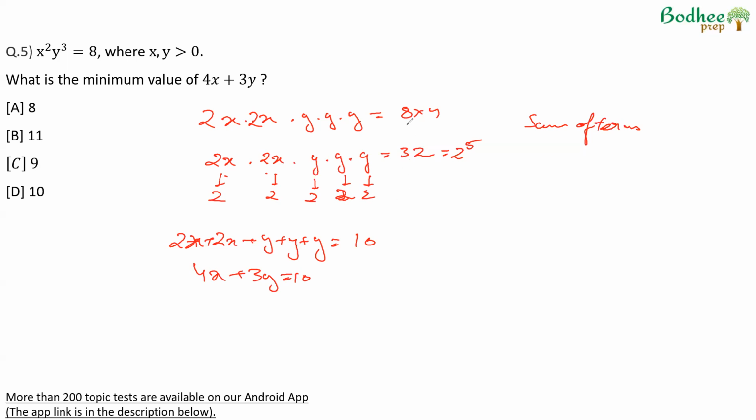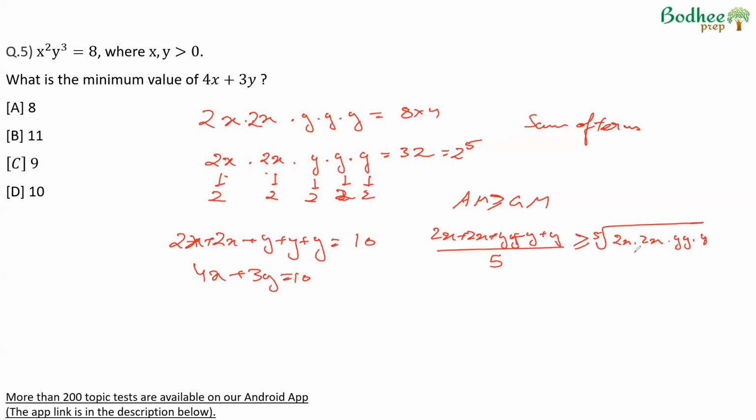We can also write it using AM and GM, and we can say AM is greater than or equal to GM. So (2x plus 2x plus y plus y plus y) upon 5 is greater than or equal to the fifth root of 2x into 2x into y into y into y.